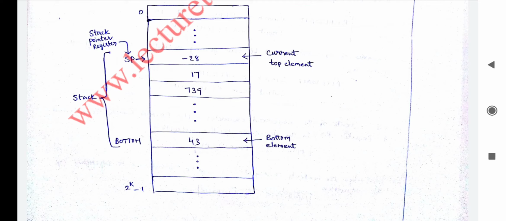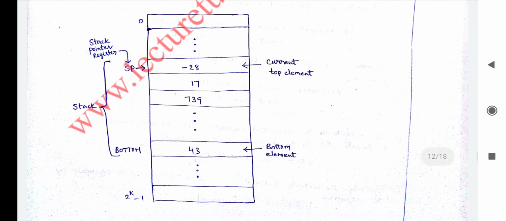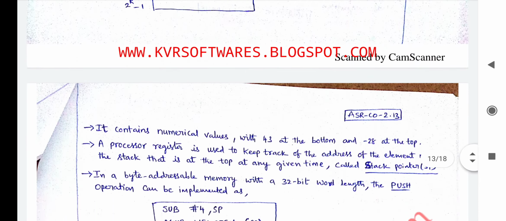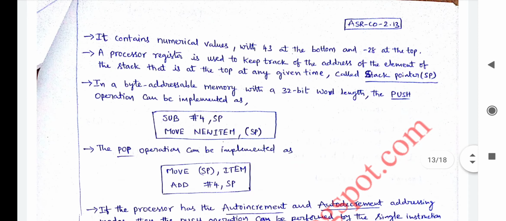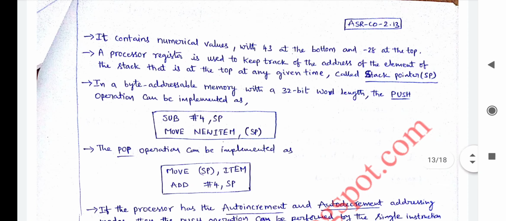So this is a stack which contains numerical values with 43 at the bottom and minus 28 at the top of the stack.